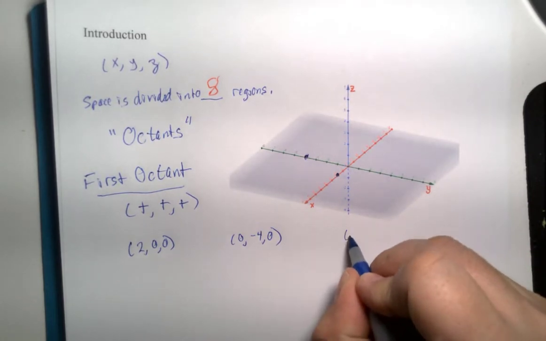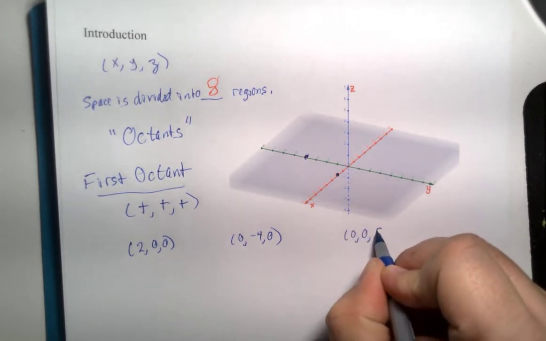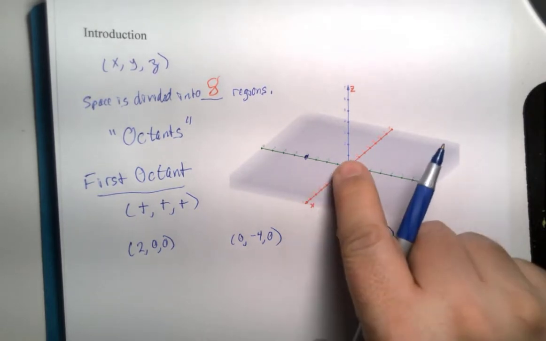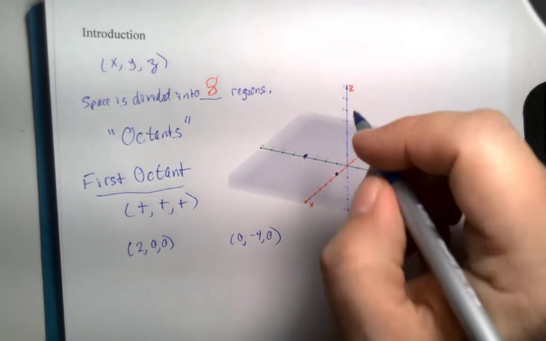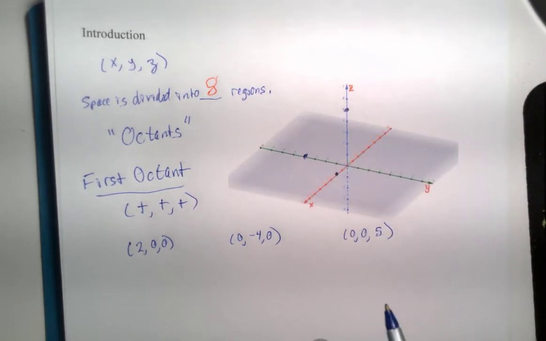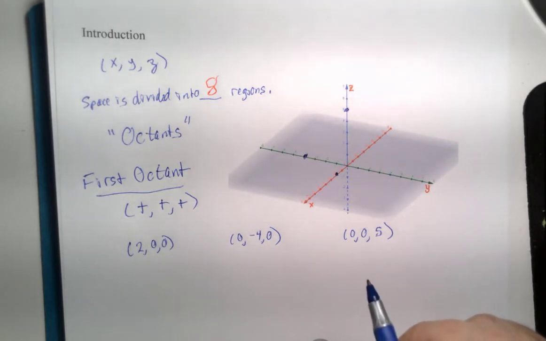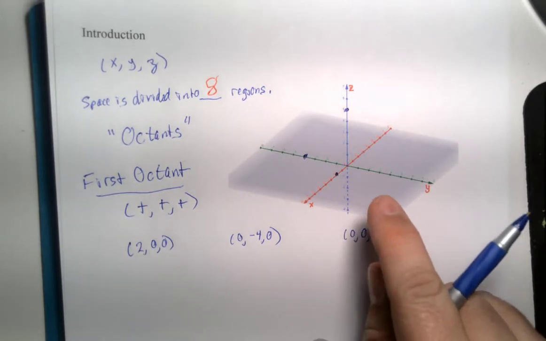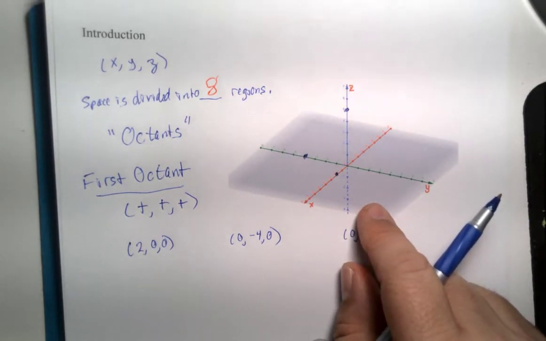And what about the point (0, 0, 5)? 1, 2, 3, 4, 5. That's where Z is positive 5, but X and Y are both 0. It's not too difficult to plot a point if it's on the axes, but we are just not going to plot many points, and we certainly don't have anything that looks exactly like holographic or three-dimensional looking graph paper.